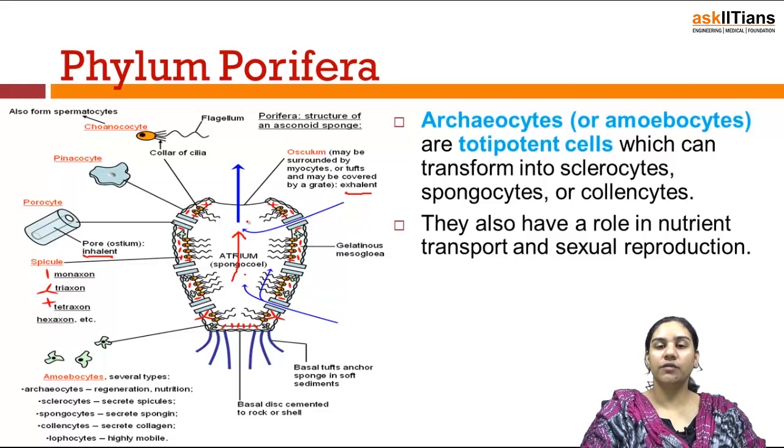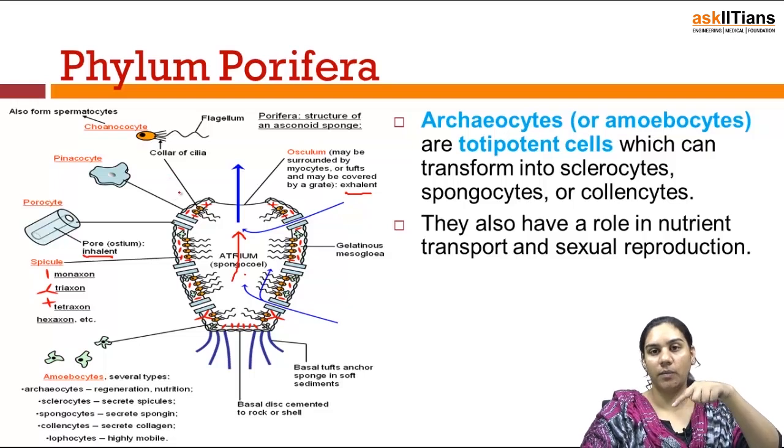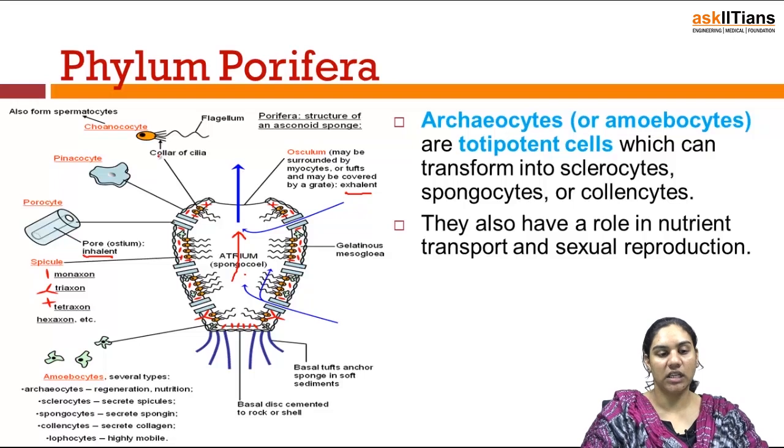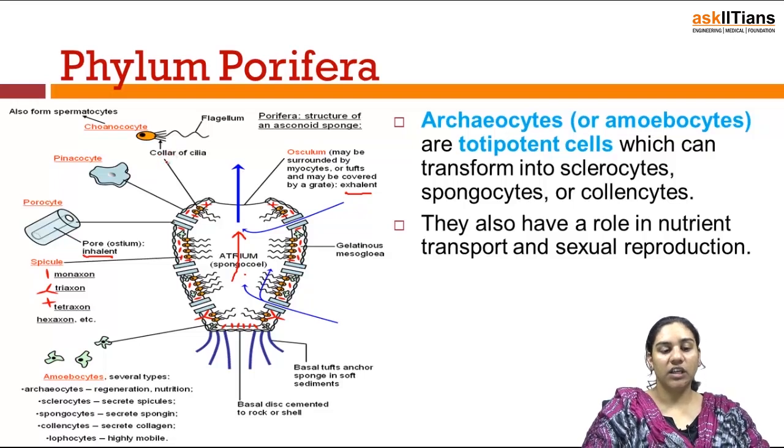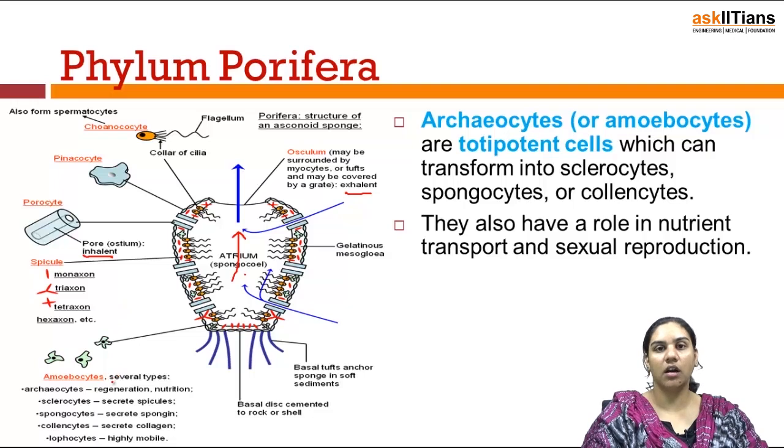The pinacocytes form the outer body wall, that is the pinacoderm of the sponges. The choanocytes are the collar cells, which have a tuft of cilia at the collar part of these cells, and a single flagellum is present in each cell. The spicules may be monaxon, triaxon, tetraxon, hexaxon, etc. And the last but not least is the amoebocytes, which are divided into several subtypes.